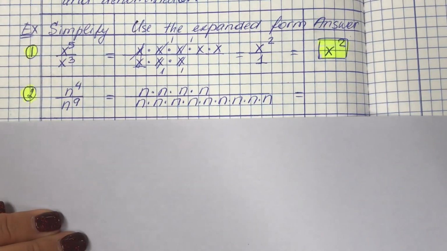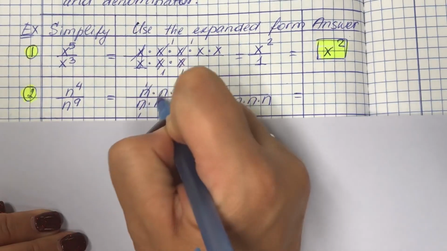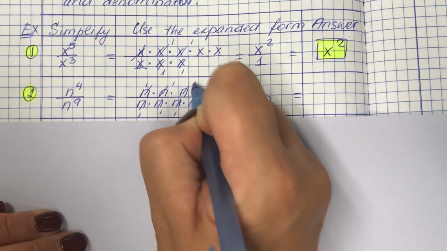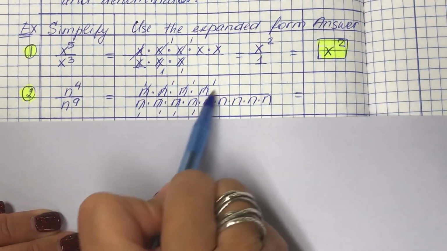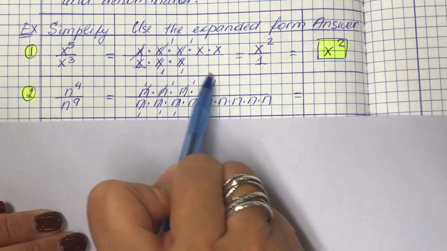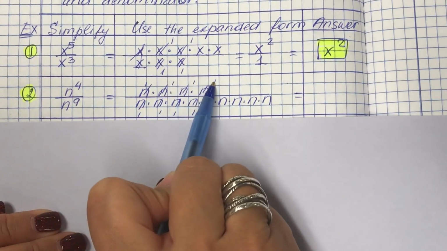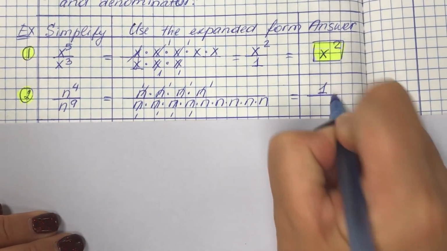Then we will simplify the common factors. N divided by n is 1, n divided by n is 1, n divided by n is 1, n divided by n is 1. Step 3 says collect all the remaining factors on the numerator. 1 times 1 times 1 times 1. If you multiply, that is 1 on the numerator.